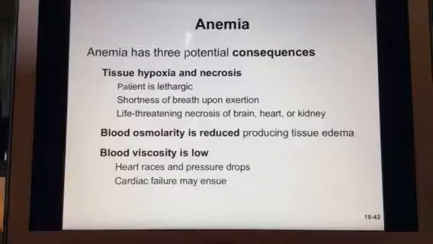The other consequence is that blood osmolarity is reduced, and that would produce tissue edema. Remember, that's an excess of tissue fluid. It can also reduce the blood viscosity. We want the blood to be viscous to be able to travel everywhere it needs to go, but low viscosity could be a potential consequence, and that could lead to cardiac failure.